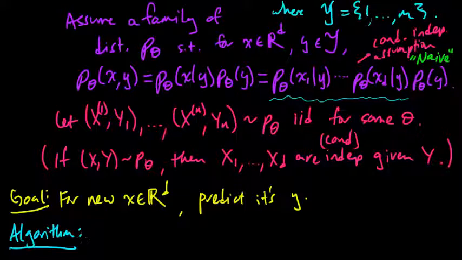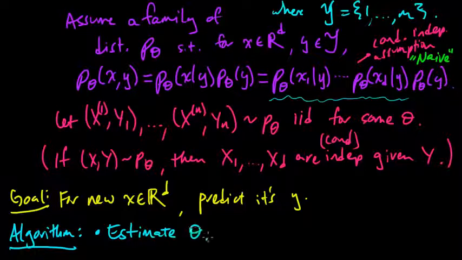that we will use is, first, this is the standard thing to do. First, we estimate theta. So our assumption here is that there's this family and that our data comes from some random variables that are distributed according to that model for some theta, but we don't know the true theta.